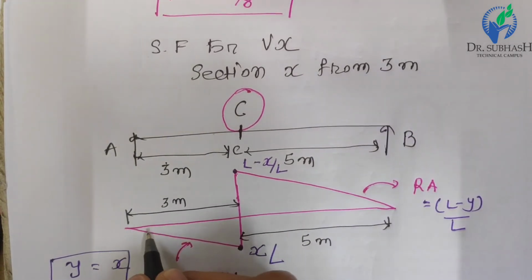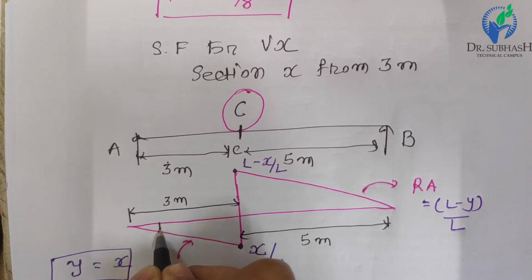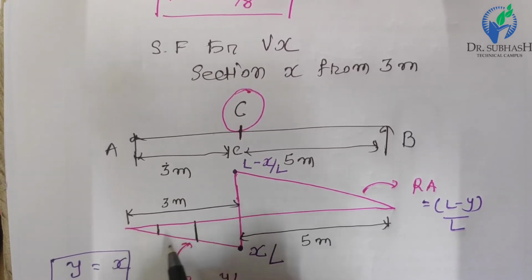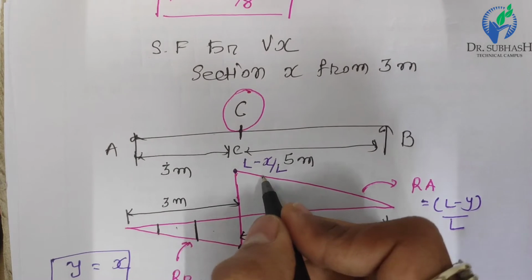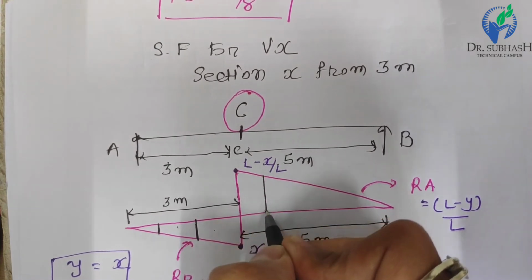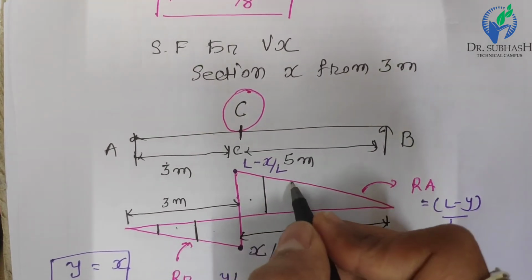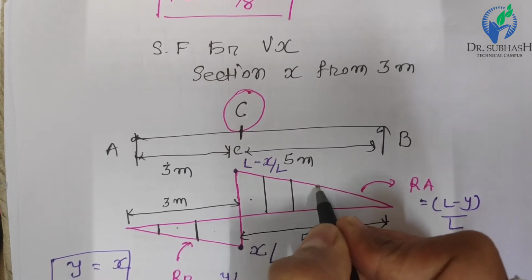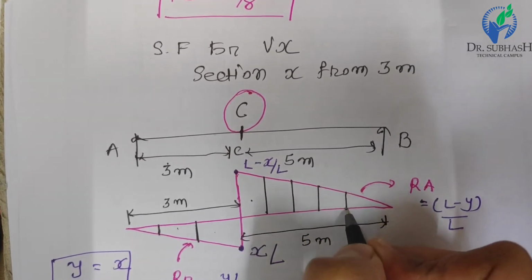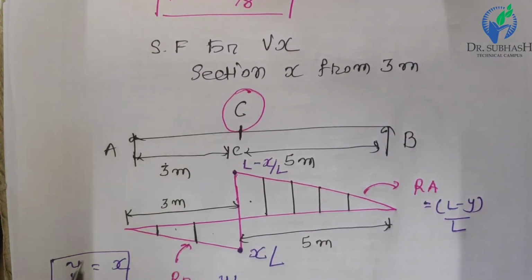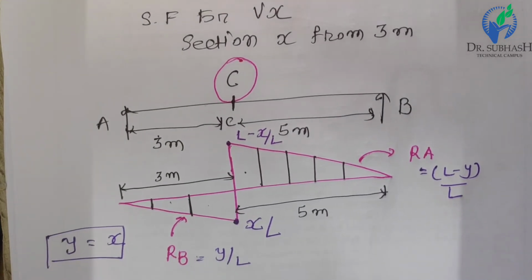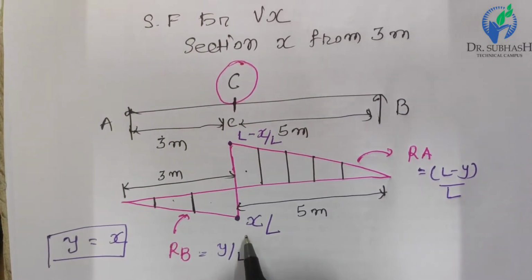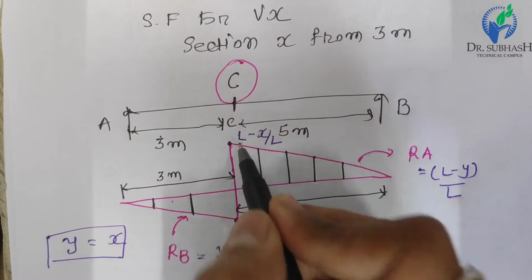This 3 meter span is converted into 1 meter intervals, so we get 3 parts: 1, 2 and 3. Here we divided into 5 parts because a total of 5 meters is given: 1, 2, 3, 4 and 5. Now all the points we have to calculate using the equations x by L and L minus x upon L.